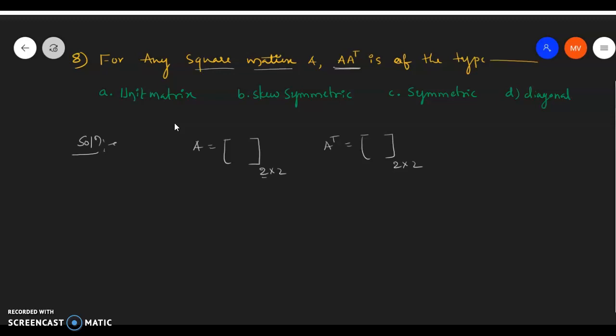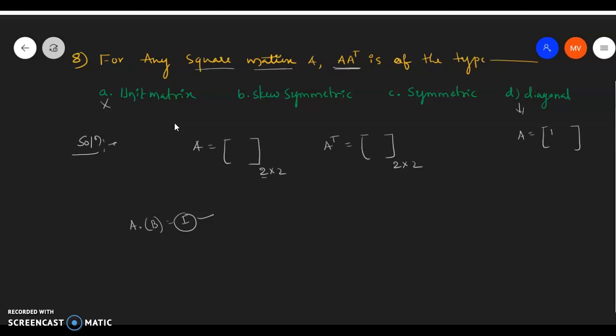Look here, when do we get a unit matrix? If A is a unit matrix and I multiply it with any other matrix, you can't get an I matrix. So we don't get a unit matrix; option A is wrong. Now a diagonal matrix option is there. A diagonal matrix is a square matrix.